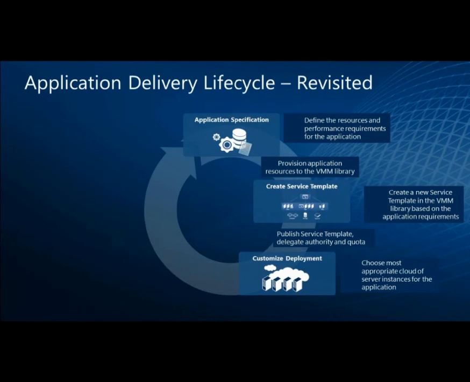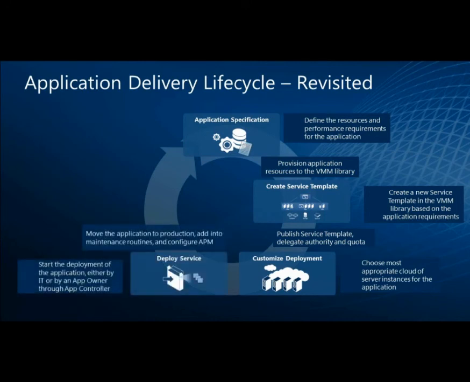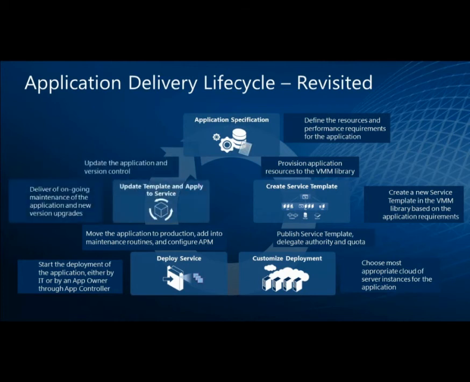As we deployed, we get to choose what those configurations are for the specific application and service that we're deploying. Moving into production, we have that ability with Server App-V to be able to do image-based patch updating and updating of the service template. Excuse me. And then moving forward, being able to maintain the application as a whole and bringing that all together.